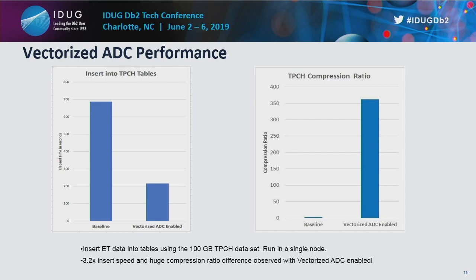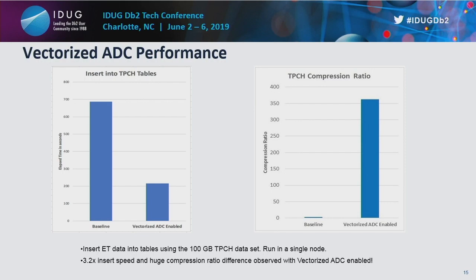For one of our customers, on the appliance, they tried out Vectorized ADC because they were having problems with insert performance and dictionary creation. The data set they were working with was one table, and this is on the appliance, remember.